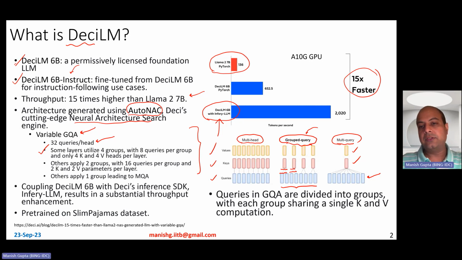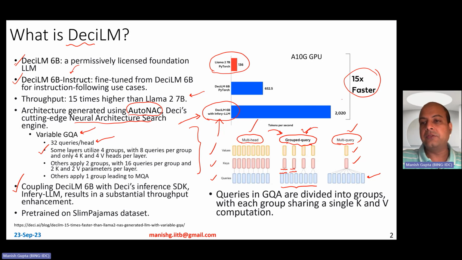That's the first time that I have observed any architecture using variable grouped query attention. People use multi-head, multi-query, or grouped query attention, but this variable GQA is specific to DeciLM. Of course, the biggest gains are obtained when they coupled the DeciLM 6 billion model with Deci's inference SDK, which is Infery LLM.